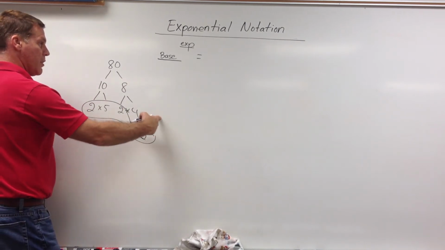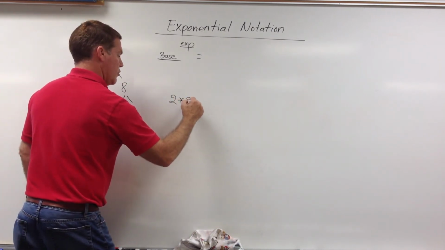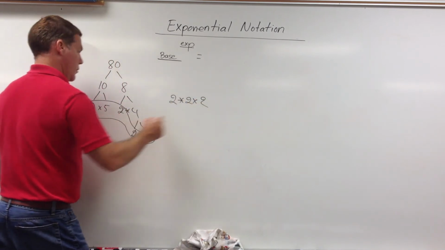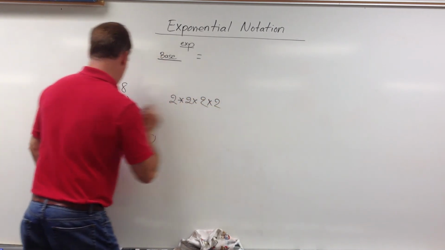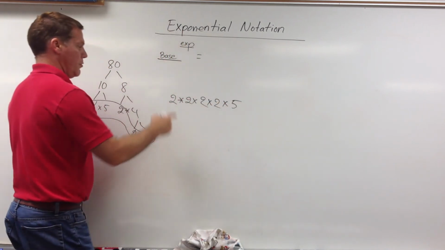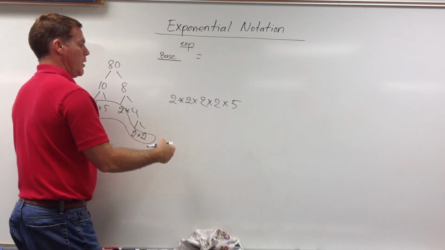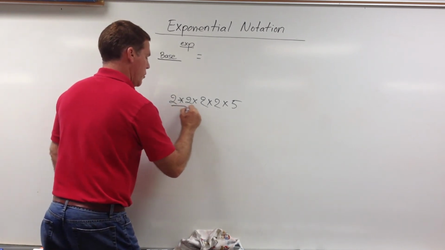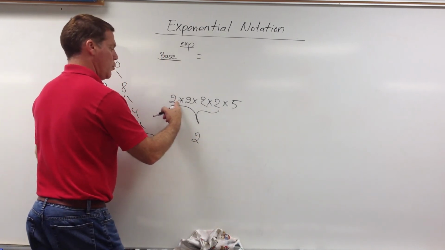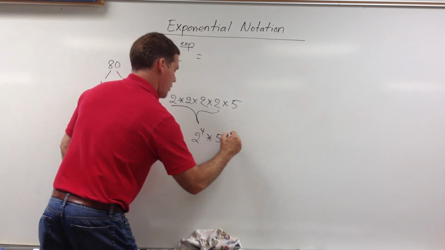So I would write this as a factor string first, as 2 times 2 times 2 times 2 times 5. So written in exponential form, 80 can be written as, I'm going to put all of these together. My base is 2. I have 2, 1, 2, 3, 4 times 5.